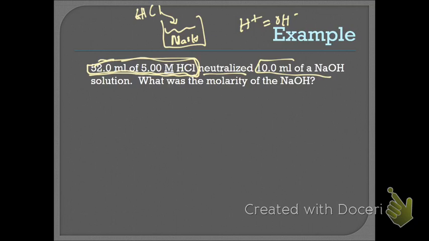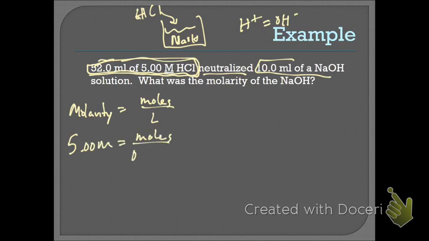All right, so let's first figure out the moles of HCl we used, and from that the moles of H plus. So always use that molarity equation. Molarity equals moles over liters, right? We know the molarity is 5.00 molar, and the liters is going to be 0.0520 liters.